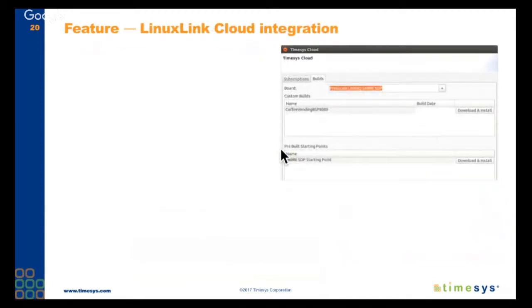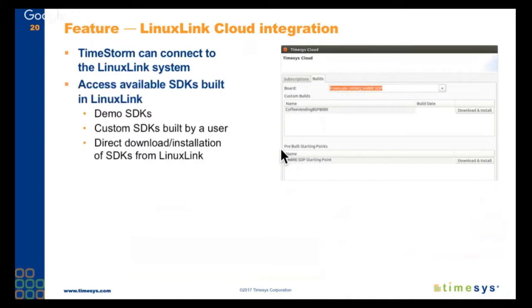And finally, the last feature before a brief demo that I wanted to talk about is the cloud integration. The software development kits can come from your colleagues that build BSPs using Yocto projects. You can also download BSPs directly from the Timesys Cloud. In Timesys Cloud, you're going to find SDKs that are available for different demos, but also different custom software development kits that you can design and build yourself.